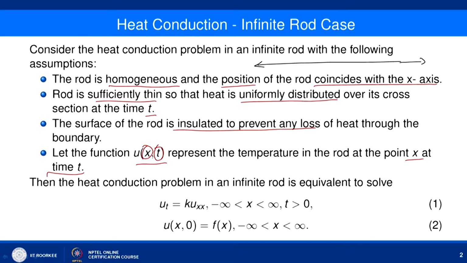Now, we are considering the problem of heat conduction in an infinite rod, which is u_t equal to k u_xx, where x lies between minus infinity and infinity and t is greater than 0, with the initial condition u(x,0) equal to f(x), x lying between minus infinity and infinity. Here the constant k depends on the material of the rod, and u(x,0) equal to f(x) represents that at time t equal to 0 the temperature at the point x is given by f(x).